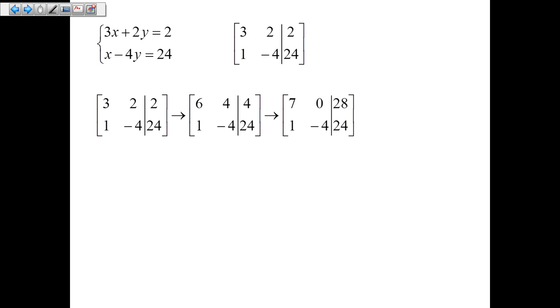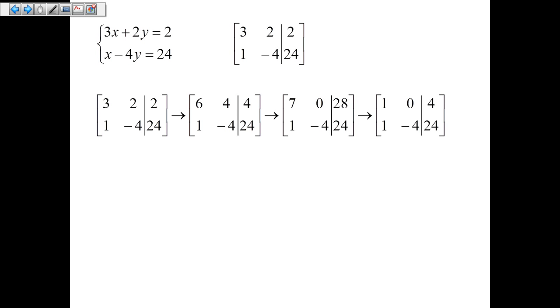You'll notice all through this I have not touched row 2. I just used it to change row 1, but that does not change row 2. Now that I've got 7, 0, 28 in row 1, I can go ahead and divide by the 7, and my top row is basically done. I've got 1, 0, 4, which means that x equals 4.